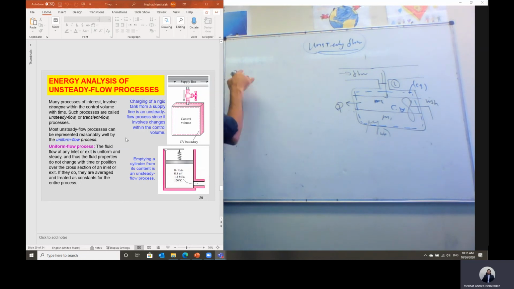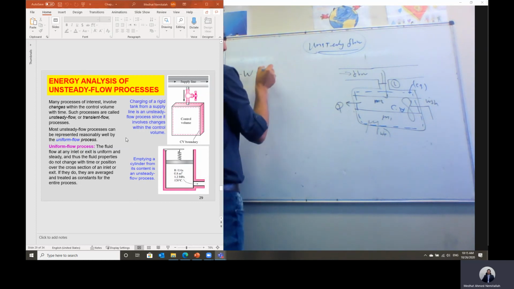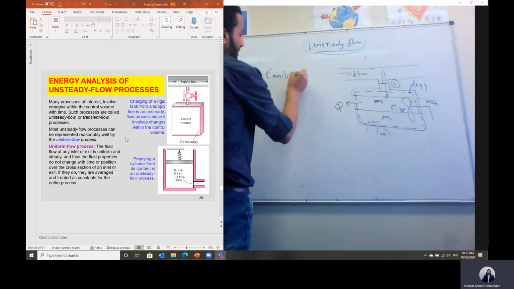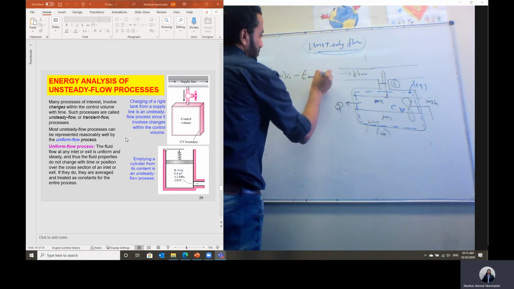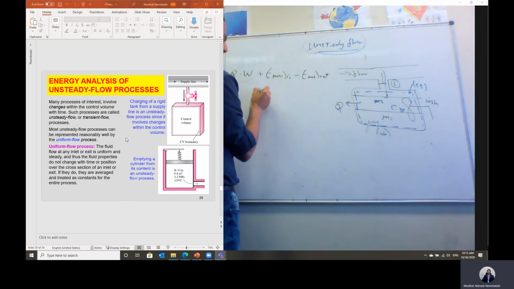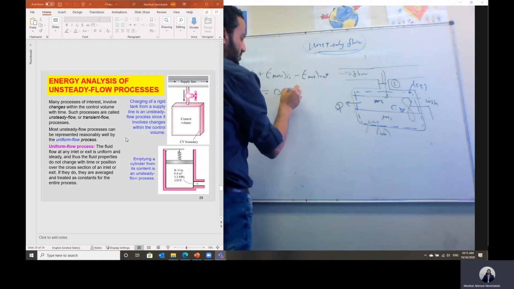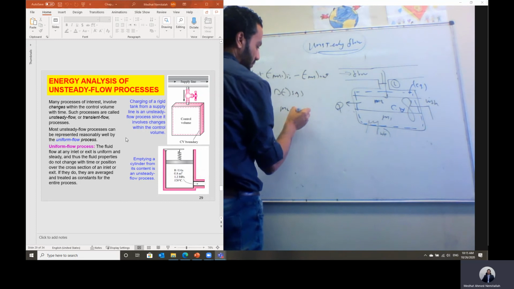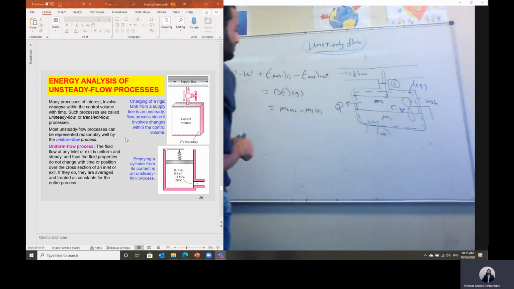We can just replace it directly. It will be Q minus work, minus because the sign of the work is opposite to the heat transfer, plus energy due to mass in, minus energy due to mass out. That should equal the change of energy of the system, which we said equals M2U2 minus M1U1.